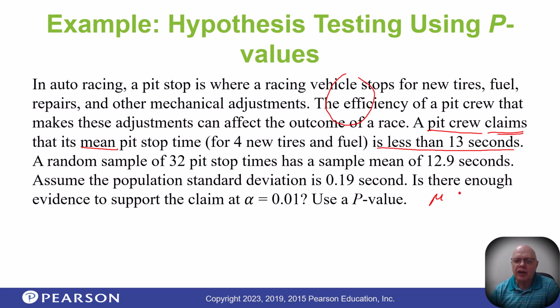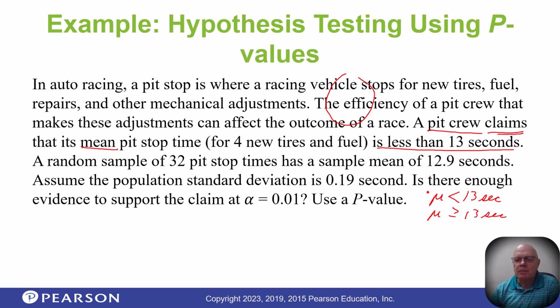So here's our claim: the mean is less than 13 seconds. Yes, I put the seconds there. That reminds me of what we're actually working with. Next, what's the opposite of that? Well, it'd be mu is greater than or equal to 13 seconds.